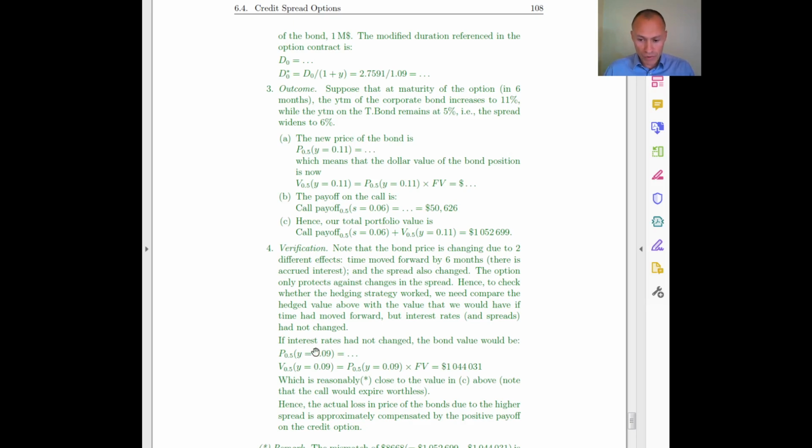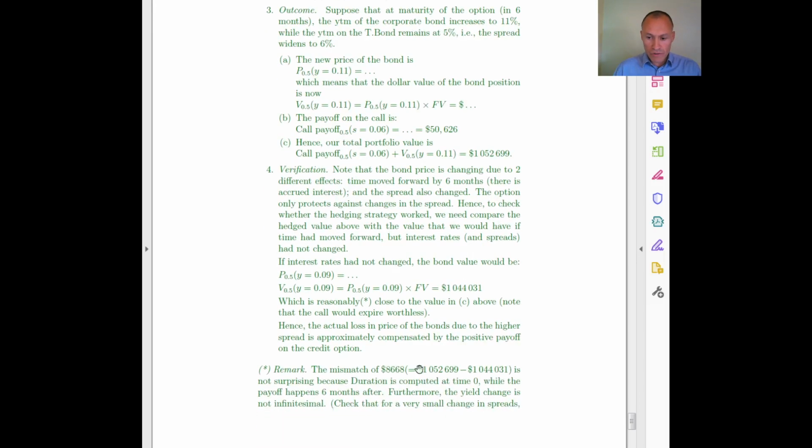So recompute the price of the bond at time 0.5 using a yield of 9%, find that value, and then find the value of the portfolio. And then you will see that these two numbers are very close, right? So the option is working reasonably well. Okay, it's still not perfect. There's still a slight difference for the reasons that we discuss here. But it's in the right range. It's reasonably close.